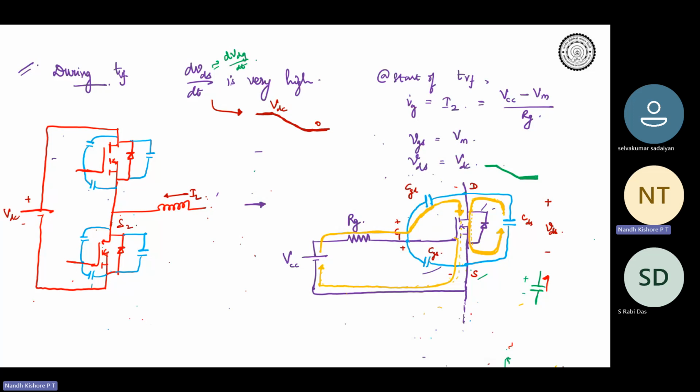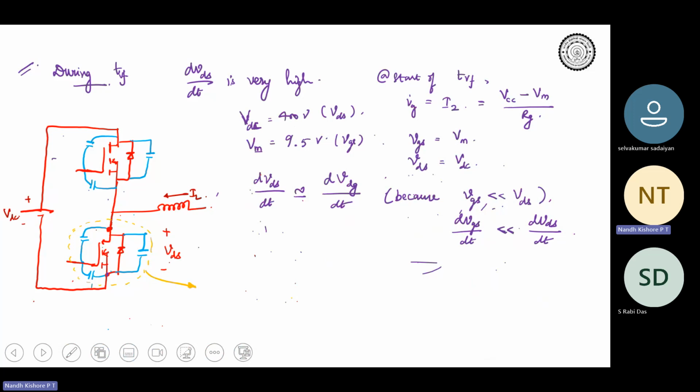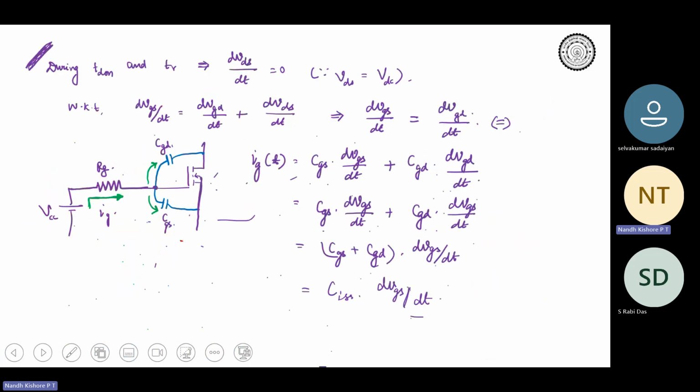Earlier we saw that during the current rise time and turn on delay time, the gate current is splitting into CGS and CGD. Most of the current would be flowing through CGS. Why?